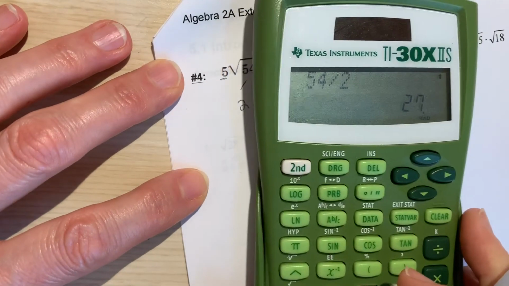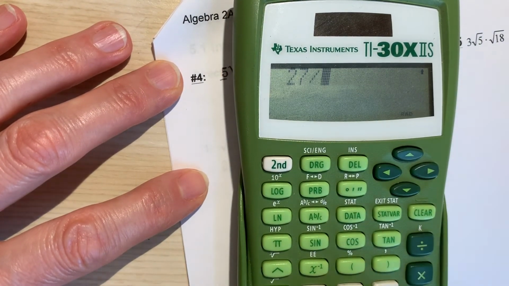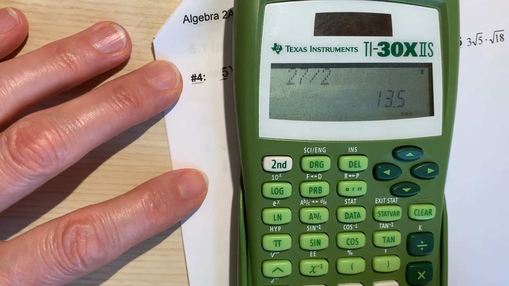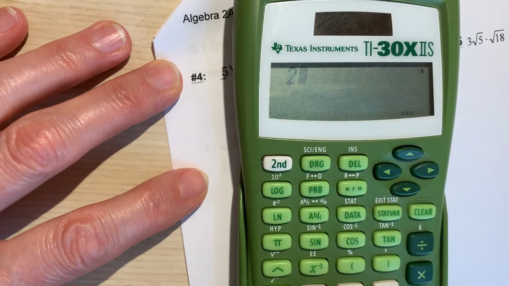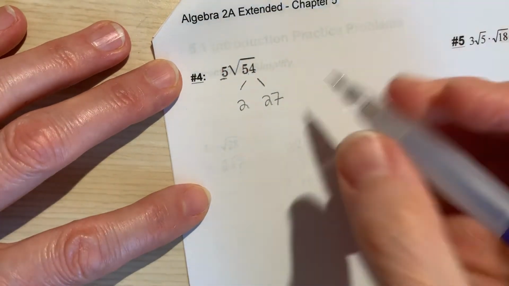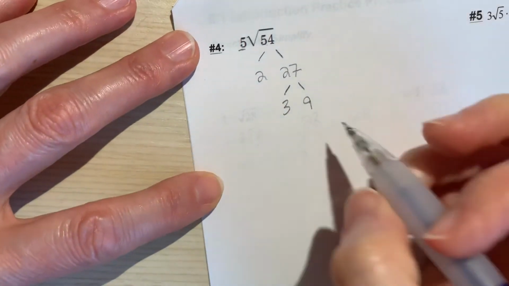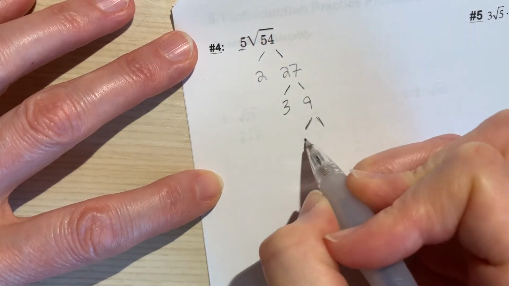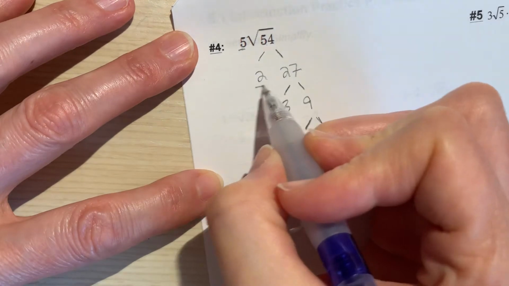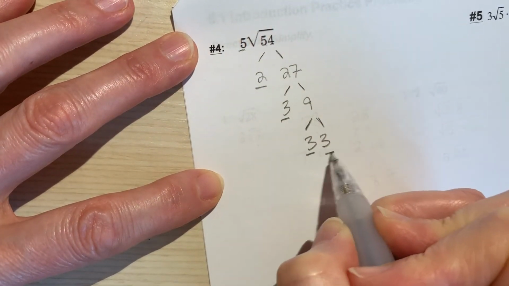If you don't know what 27 goes into evenly, try 2. Nope, that doesn't work. How about 27 divided by 3? Oh, 9. So 27 is the same as 3 times 9, and 9 is the same as 3 times 3. So this is the bottom of my tree.